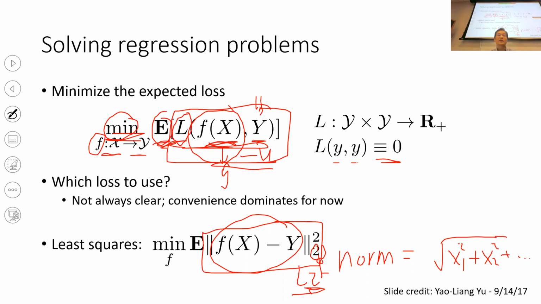If I don't tell you which type of norm I calculate, by default I'm calculating the L2 norm. So you indicate L2 norm by writing this 2 here, and there's another 2 here that indicates the square. I want a squared norm to minimize.